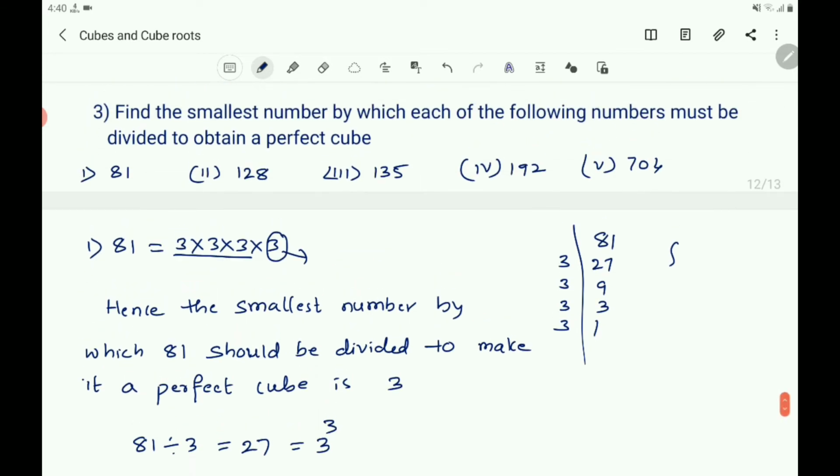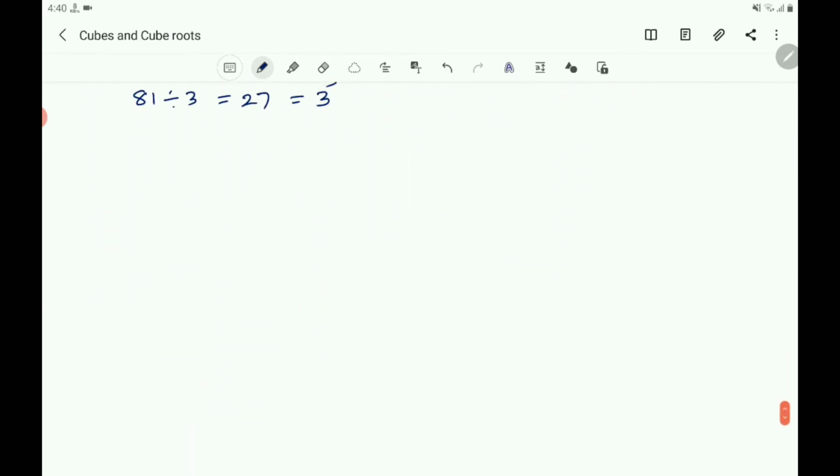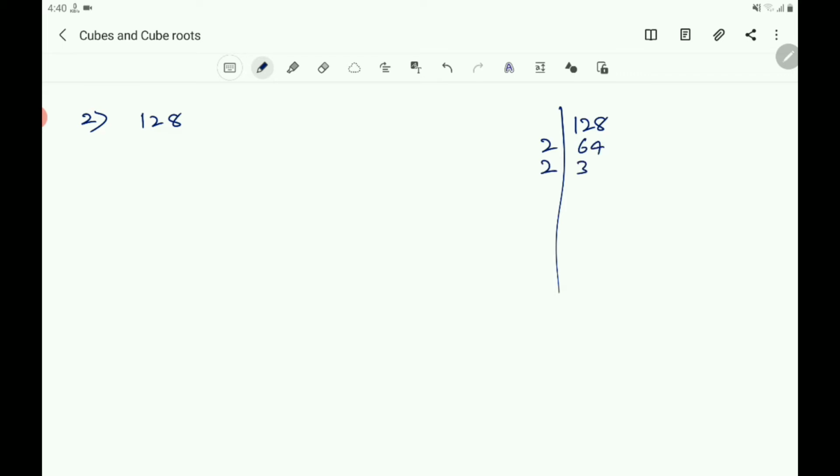Then you take the next one, 128. Find the prime factors of 128. 2 64s are 128, 2 32s are 64, 2 16s are 32, 2 8s are 16, 2 4s are 8, 2 2s are 4, 2 1s are 2.